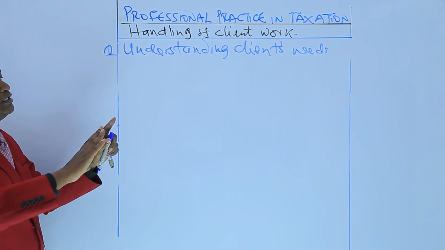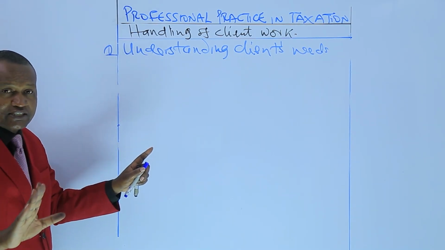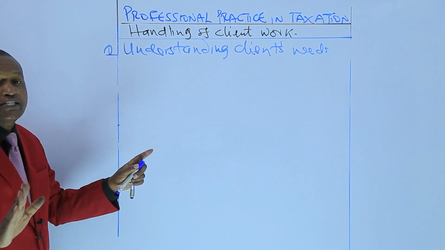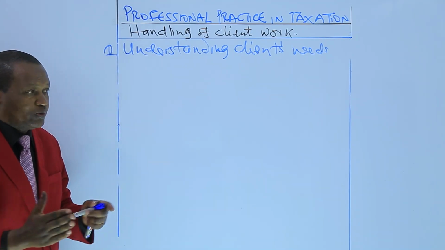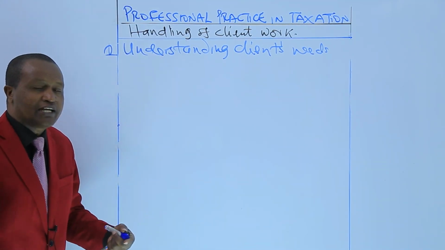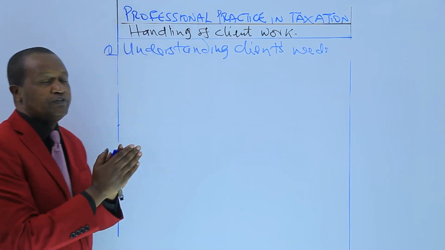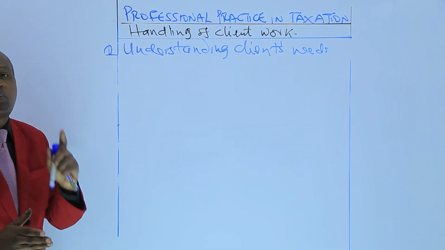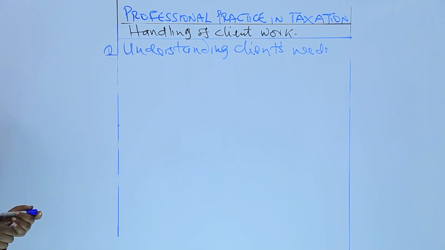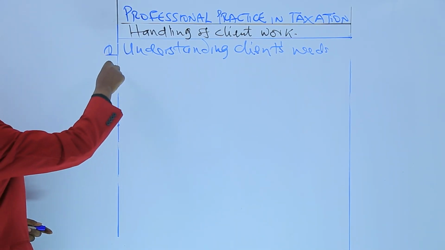Then, as part of understanding the client's needs, the tax professional should also understand the scope of work required and any particular challenges or complexities involved in handling the client's work. Gather comprehensive information.